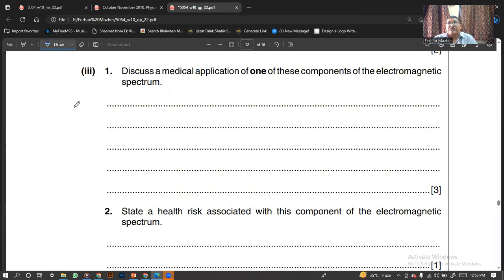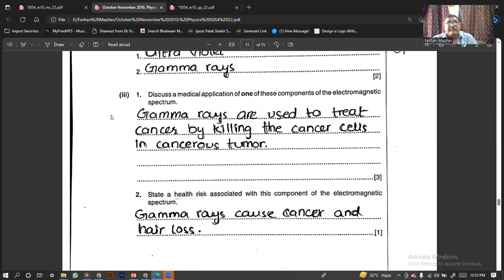X-rays are also used to kill cancer cells. And the gamma rays are also used to kill the cancer cells. Gamma rays are used to treat cancer by killing the cancer cells in a cancerous tumor.